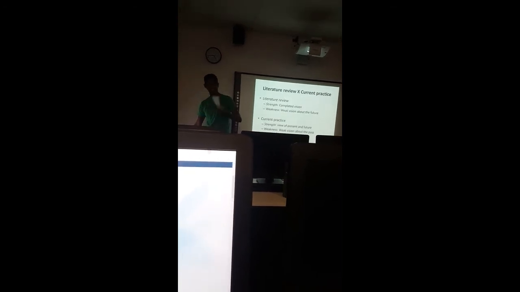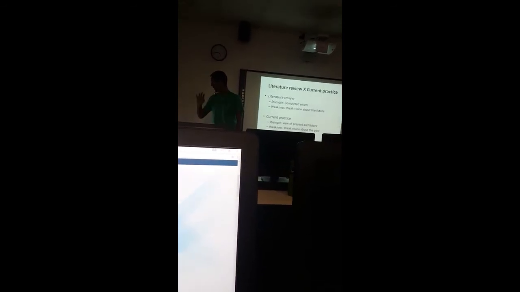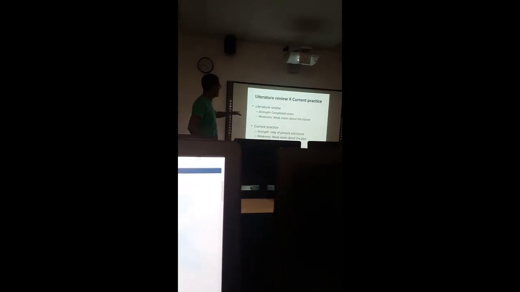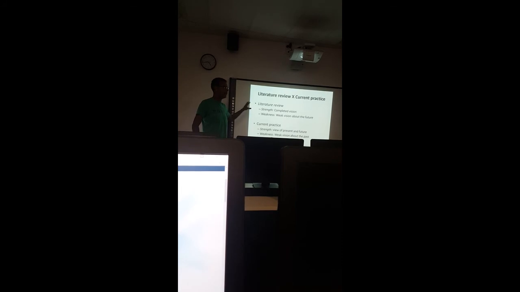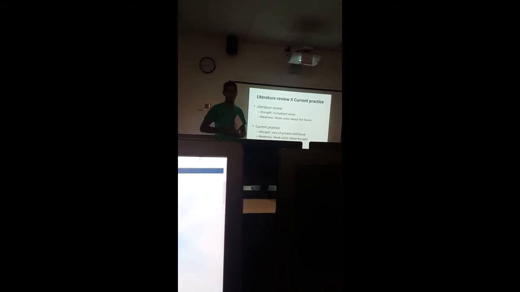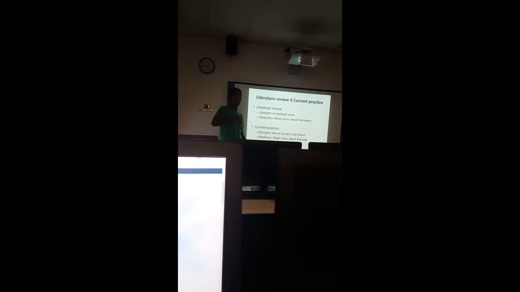I need to be quick. So I'm just going to compare a little bit my literature review with my current practice. In my literature review, I could see that it has a strong, complete vision about the past, present, and future. It has the experience, but it has a weak vision about the future.